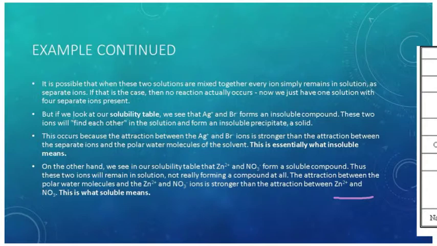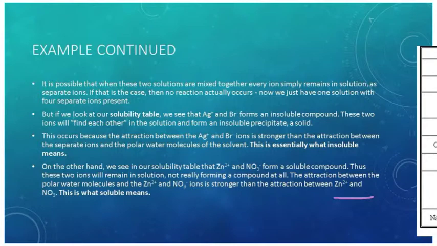Thus, these two ions will remain in solution, not really forming a compound at all. The attraction between the polar water molecules and the Zn2+ and NO3- is stronger than the attraction between the Zn2+ and the NO3-. This is what soluble means.